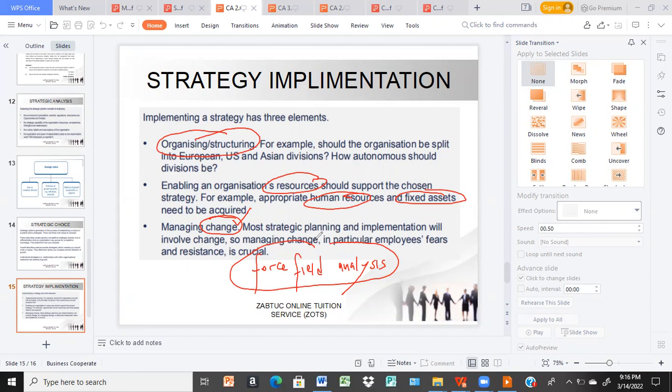Okay, so let me share this with you. It's a very simple analysis. It's a very simple analysis.